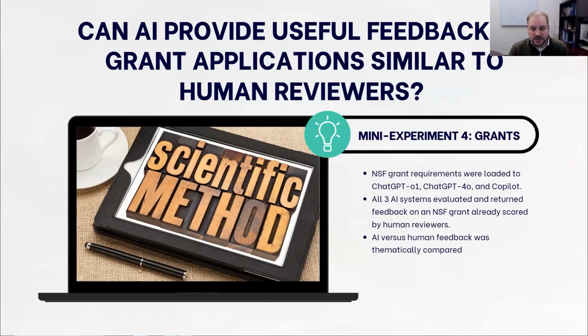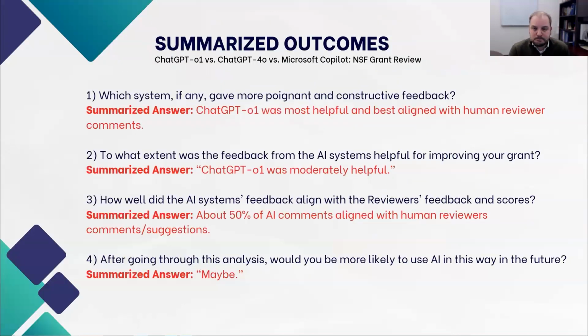And then to help us gauge the usefulness of the AI feedback, Dr. Shaverko did an informal thematic review comparing the AI system outputs against the human reviewers. And to help guide the informal analysis, I asked Colleen to respond to these 4 questions. Now, in just a moment, I'll have Colleen weigh in with her thoughts, but for now, let me just give you the highlights.